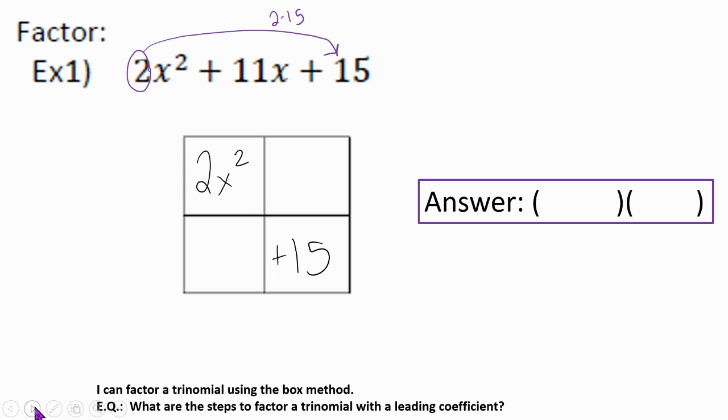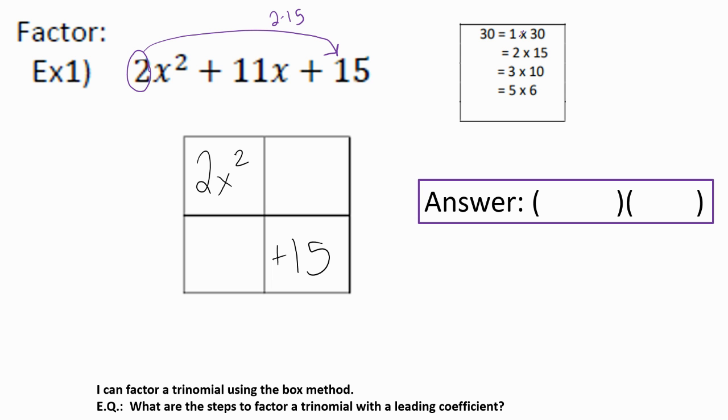So then I want you to go to our product factor chart on page 6 and list all of our factors of 30. All right, so here's what we need to do. We need to pick from this list of numbers, so 1 and 30, 2 and 15, 3 and 10, 5 and 6. We need to pick from this list one that is going to add to that middle number, 11. Or it could possibly subtract to that middle number.